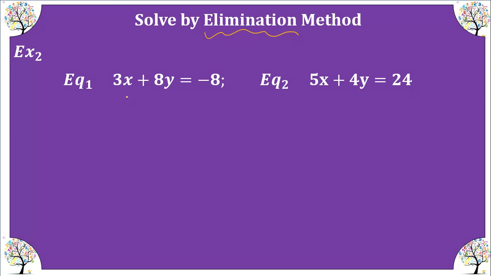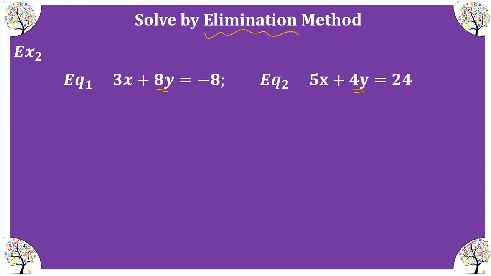So we need to either make the x's opposite or the y's. I'm going to choose to make my y's be opposite coefficients. So I need this positive 4y to be the opposite of this, which will be negative 8y. That way, when I combine, those variables will eliminate.